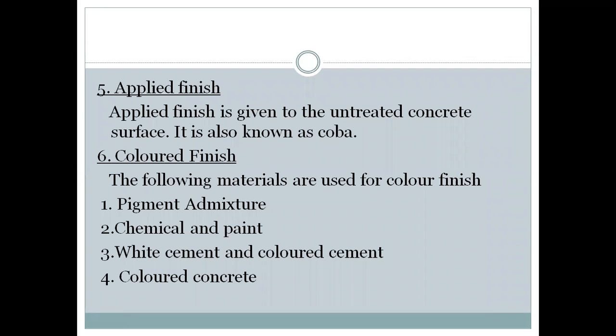The next is applied finish. Applied finish is given to the untreated concrete surface and it is known as the coba. At the top of a surface like a slab, to avoid leakages, we provide the concrete coba or the grit coba.